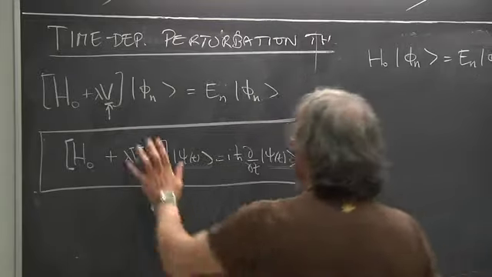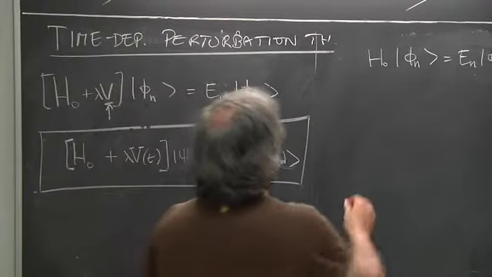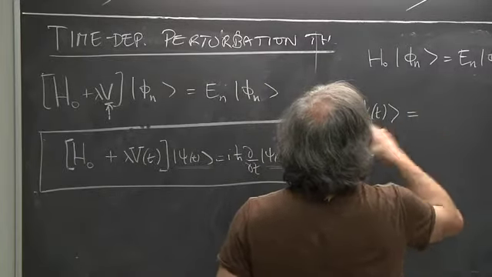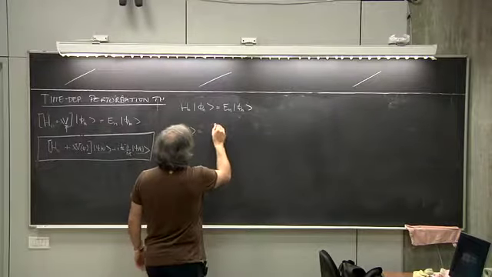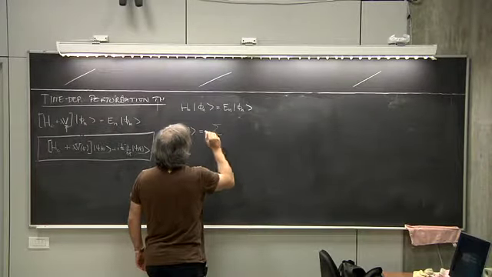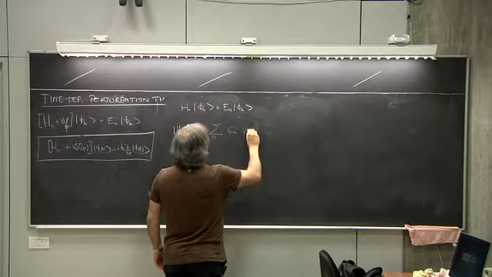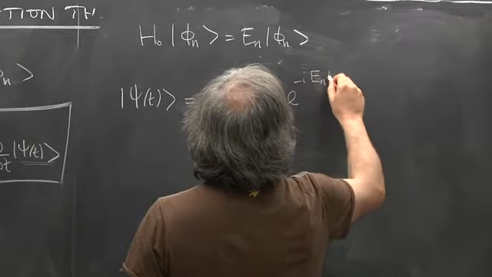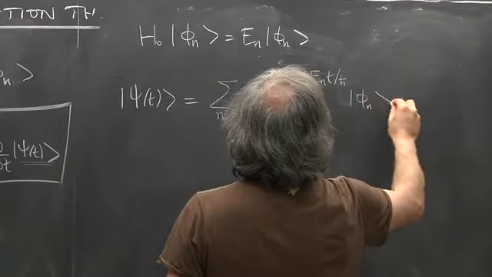So, for instance, if V was not there, how would I write the state of the time-dependent problem? I would write it like this: sum over n, some coefficient c_n, then I would have e to the minus E_n times t over h bar, then I would have phi_n, right?